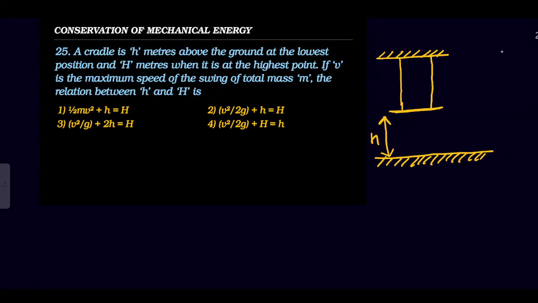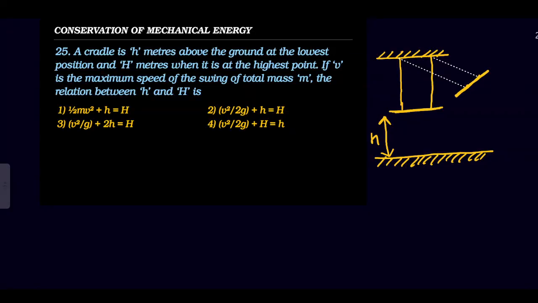And when it is swinging, when it goes to here, let us say the highest point, when the cradle is somewhere here, this is the highest point of the cradle.